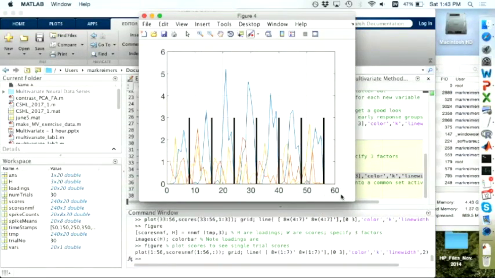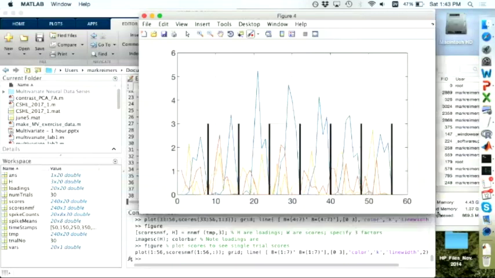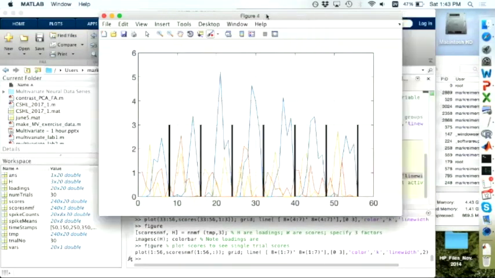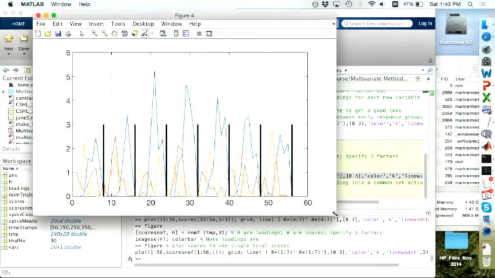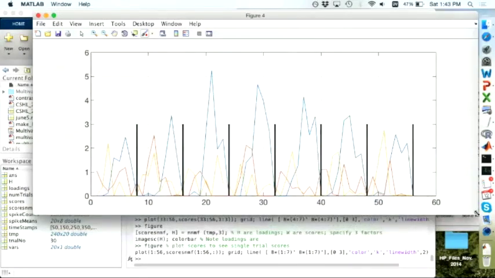All right, so here again is our blue factor, factor 1. That's the one that's the late rising factor. And now I think you can see that sometimes you get a really strong component from factor 2, which is in red, and sometimes you get a really strong component from factor 3, which is in yellow.